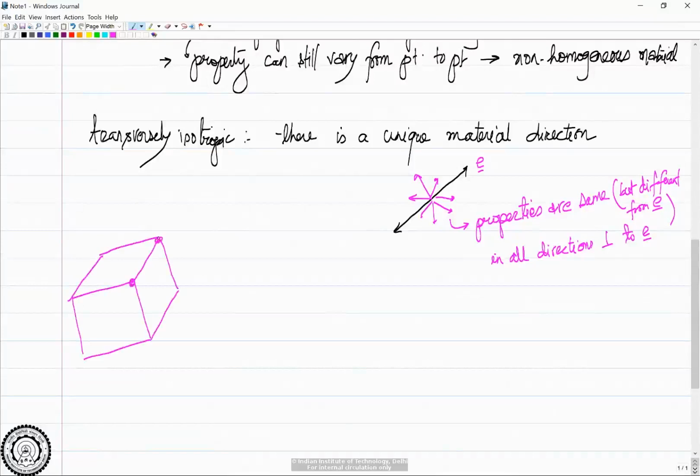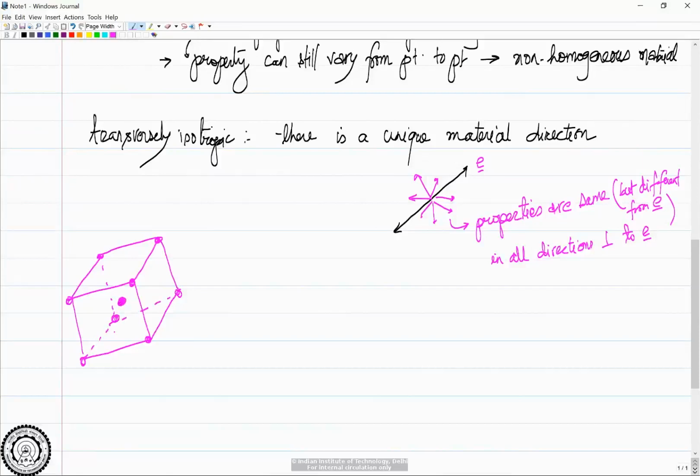So body centered: it has atoms at the corners, and then there's one at the center also, right? That's body centered.